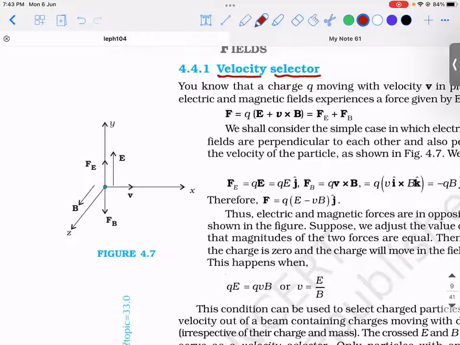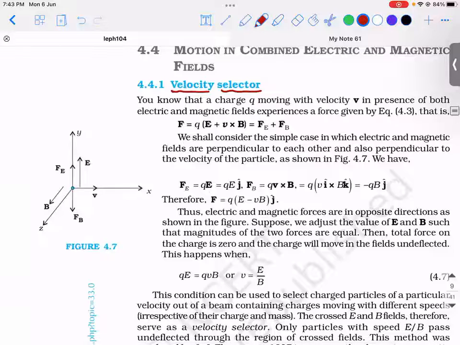Suppose you know that a charge q is moving with a velocity v in presence of both electric and magnetic field, where the electric field and magnetic field are mutually perpendicular to each other.